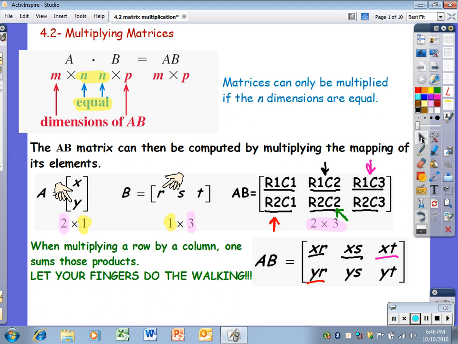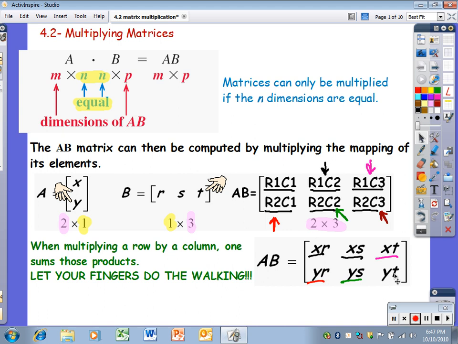So my fingers are at row 2 and column 2, which would be Y times S, which is YS. And my last position will be row 2, column 3. Row 2, column 3 will be Y times T. That would be YT.